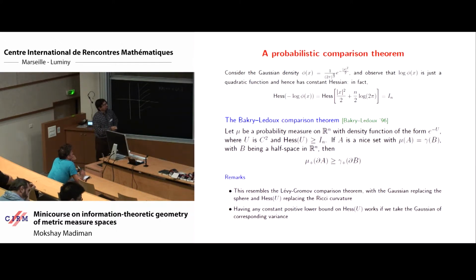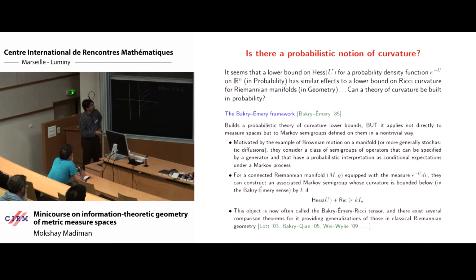So what does it mean that the Hessian of u is bounded from below by something? If it were bounded from below by 0, that would mean that u is a convex function, right? That's just a characterization of convexity for C2 functions. And the fact that it is bounded by some positive constant times the identity says that it is stronger than convex, a stronger-than-convexity property.